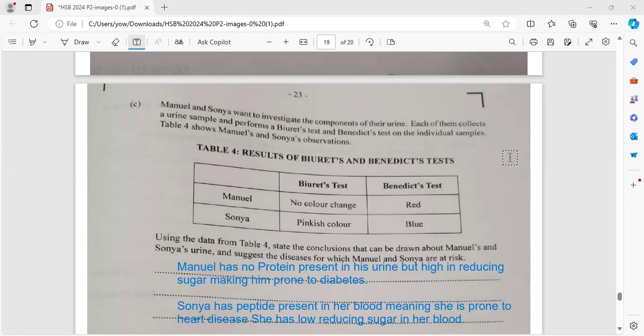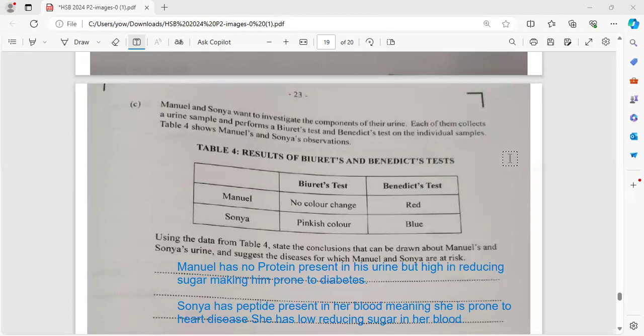So that means, based on my knowledge, pinkish would mean it has peptides. Not really the whole protein, but it has peptides, all right? And blue for Benedict's is not red. Red, or orange-red, is a positive for reducing sugar.